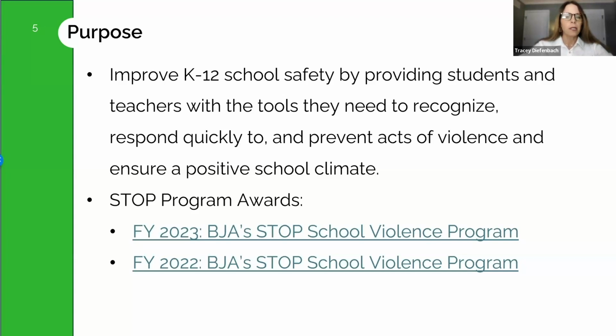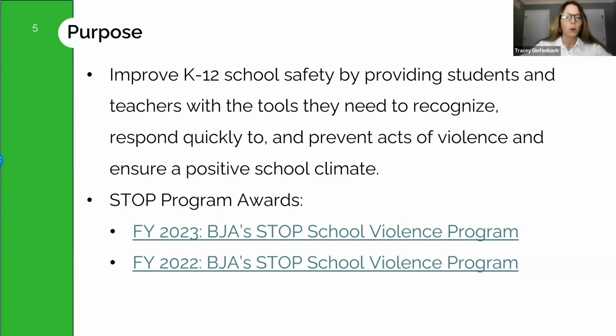So the purpose of the BJA Stop School Violence Funding Opportunity is to support school safety by implementing solutions to enhance school climate, establish school-based behavioral threat assessment or intervention teams to identify violence and risk, introduce technologies like anonymous reporting tools and systems, and apply other evidence-based strategies to prevent violence.